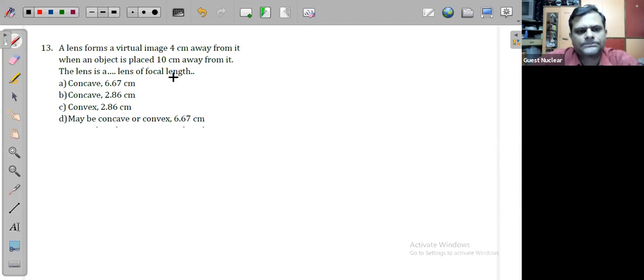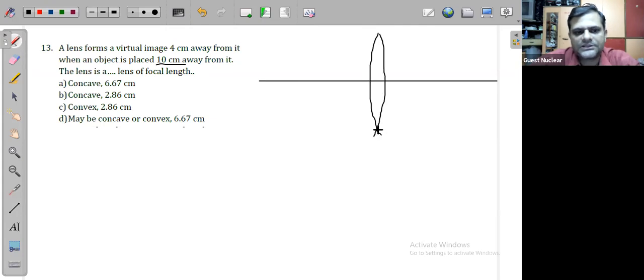Okay. A lens forms a virtual image of 4 centimeter away from it when an object is placed 10 centimeter away from it. Okay, that means suppose this is the principal axis, this is the lens.